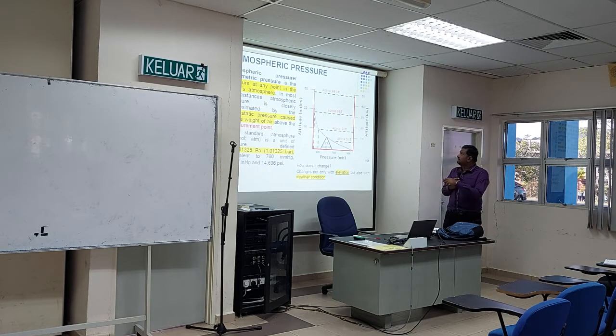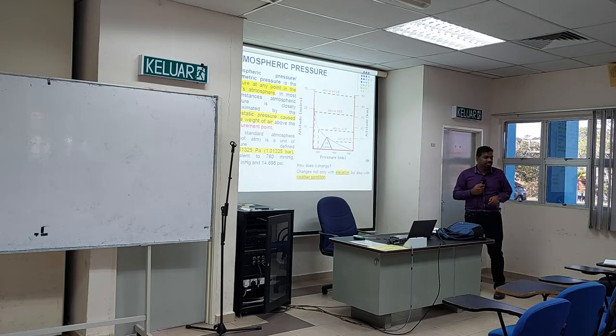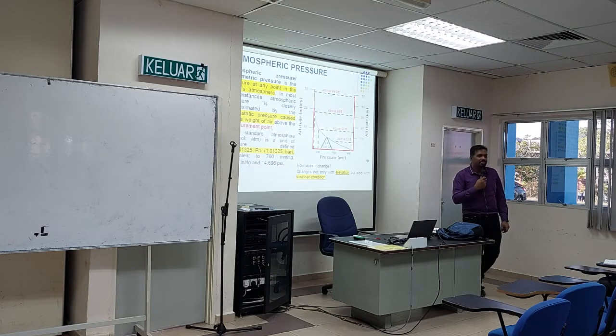Kalau lagi tinggi, so meaning sini start dengan kosong 30 mile, lagi tinggi kan? So your atmospheric pressure dekat sini tinggi ke rendah? Rendah sebab you kena tahu sebab dia. Okay, betul? Memang dekat atas ni dia rendah, tapi kenapa?